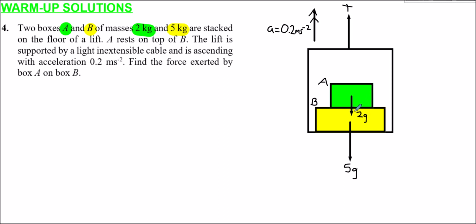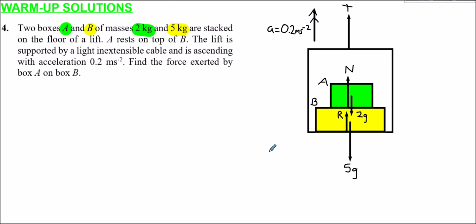So there'll be a reaction force from B acting back upon A. And so there'll be a normal reaction acting on A from B, which I'm going to call N for normal reaction force. In the same way, there'll be a normal reaction force from the floor of the lift pushing B up. So I'm not labelling it the same N, because these might not be the same size. In fact, they're not going to be. I'm going to label this one R.